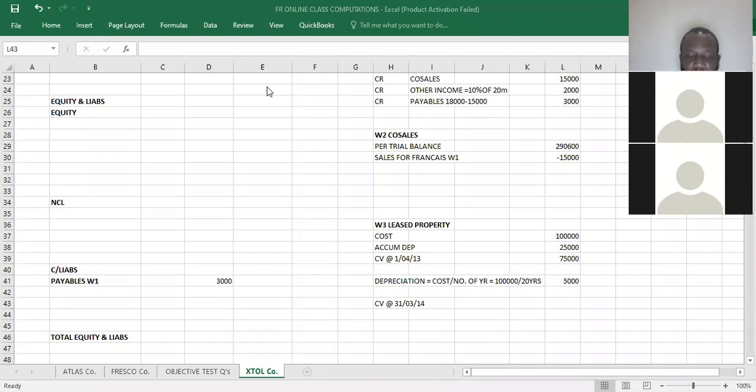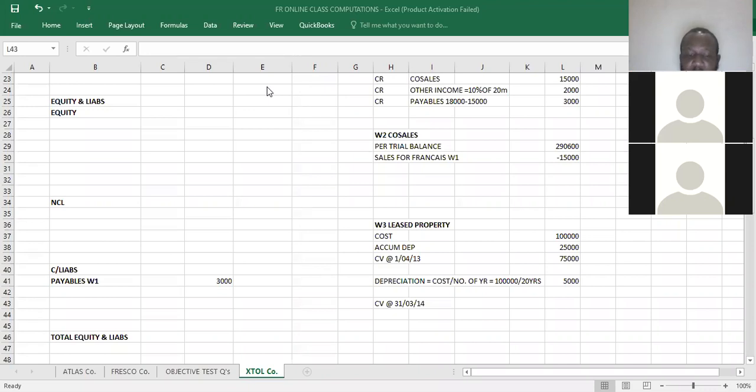In another scenario, they would have told you when they acquired it. With that, you'd be able to look at your accumulated amortization and calculate how many years the life is.